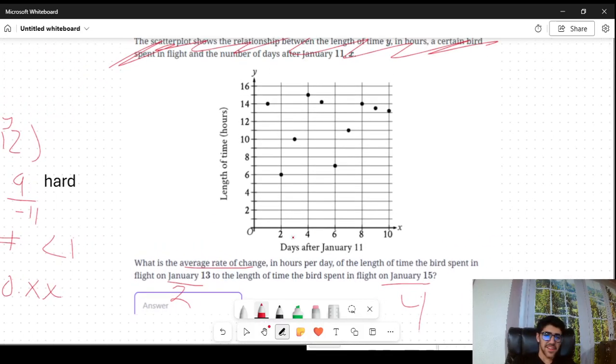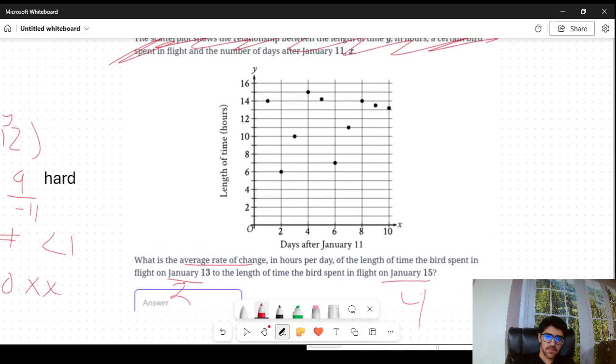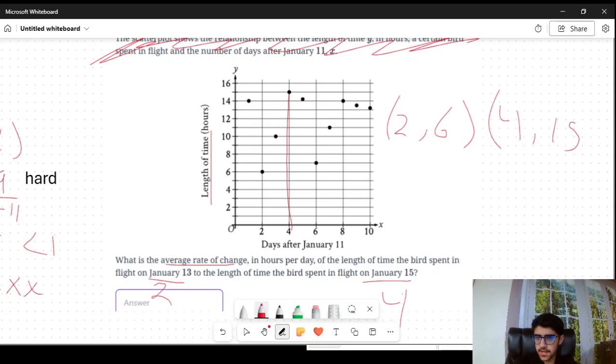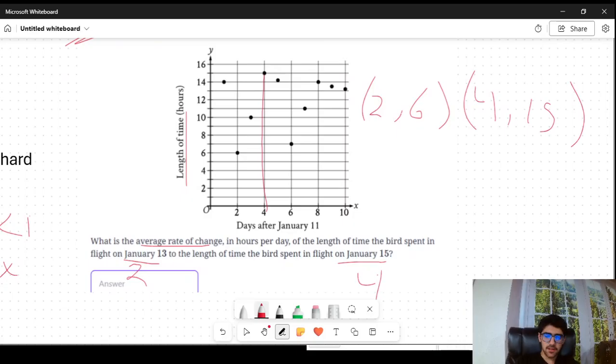So the length of time the bird spent in flight on January 13th, 2 days after, is the point 2 comma 6. And then on January 15th, or 4 days after January 11th, you get 4 comma 15. So when asked for the average rate of change, always think slope formula.